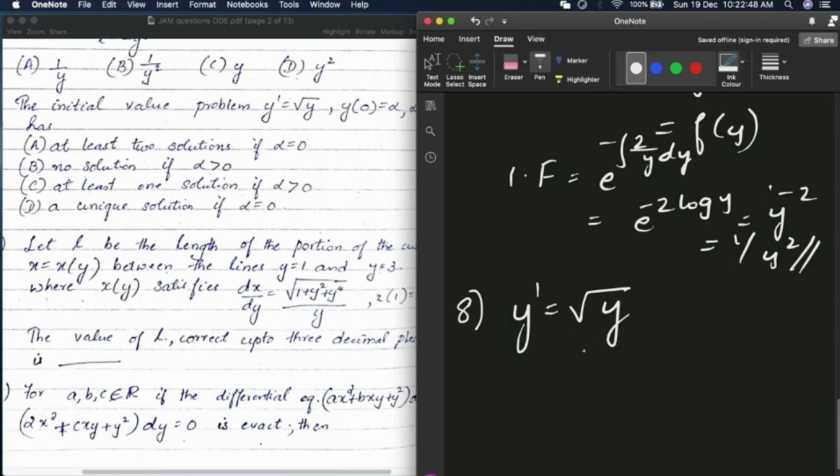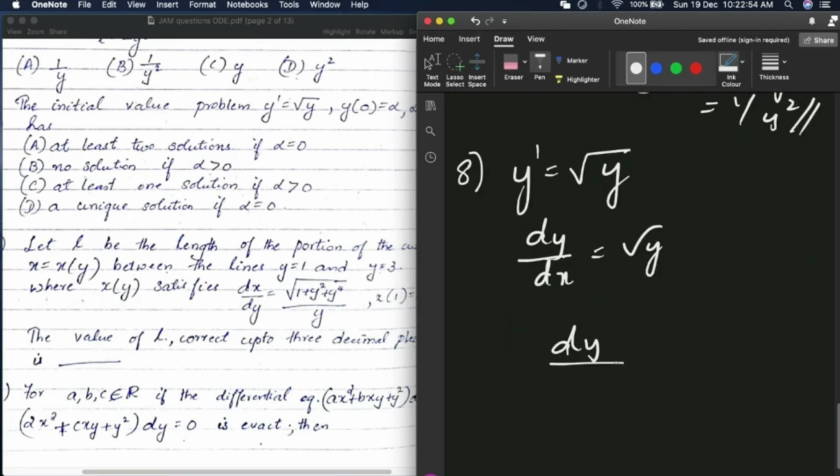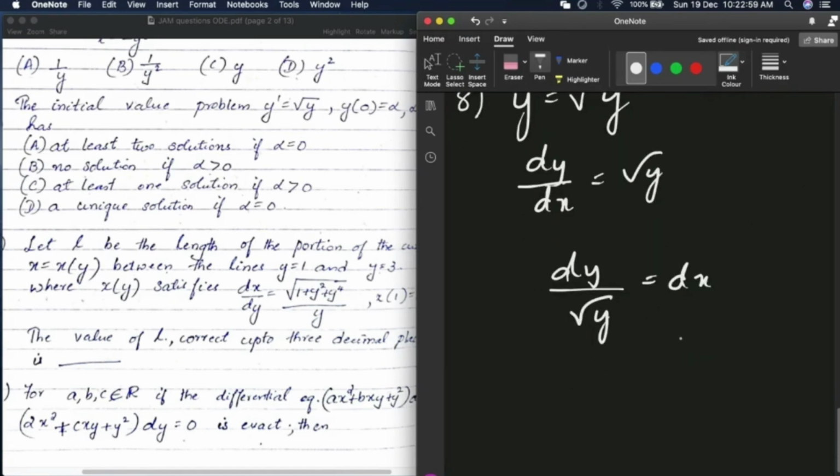Y dash is equal to root y. That means dy by dx is equal to root y. You can write it as variable separable actually. You have to just integrate both sides.